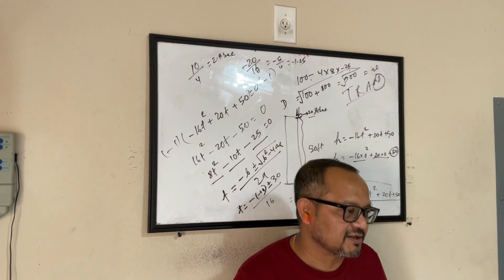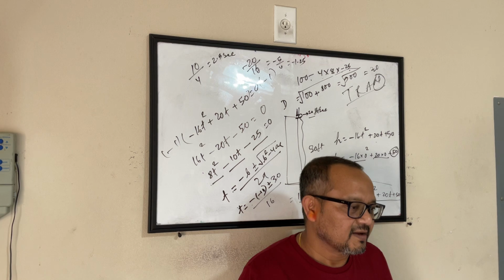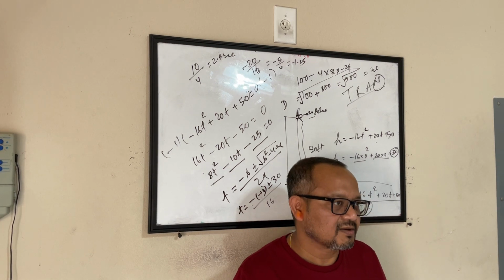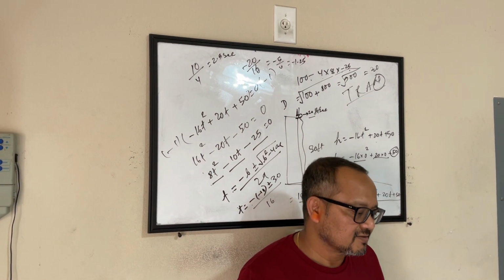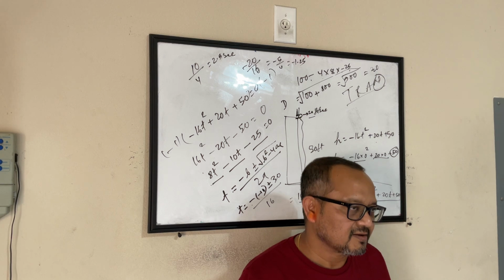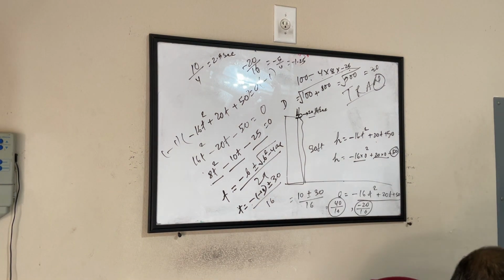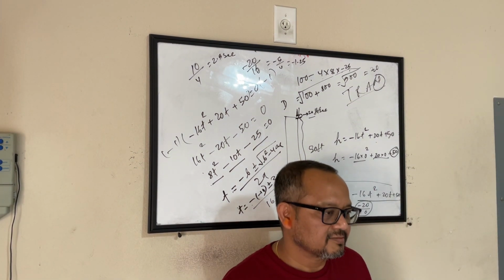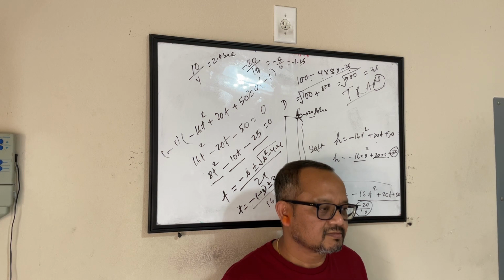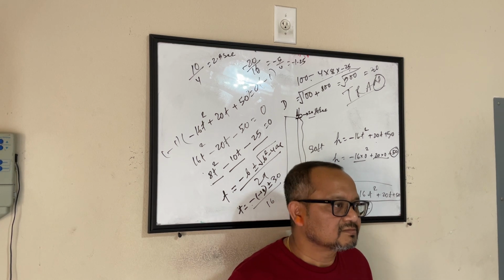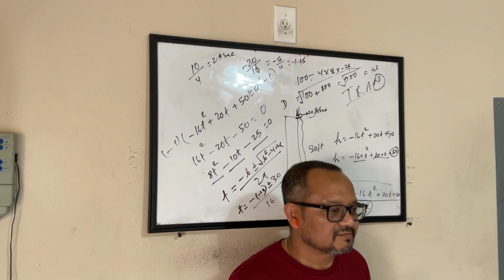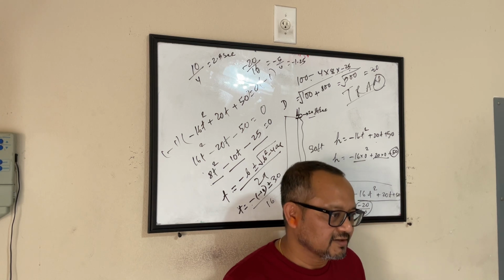Yes, Praneet. It would be only one of them, 2.5 seconds, because if you have a negative time, that means this is before the ball was shot. We're trying to find out when the ball will touch the ground after you have shot it, so it would be 2.5 seconds. Exactly.